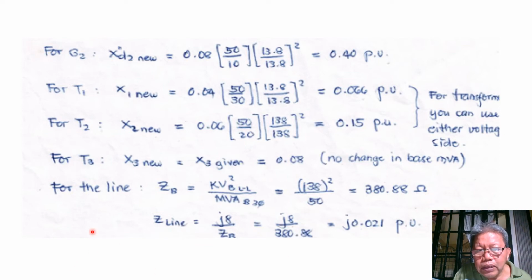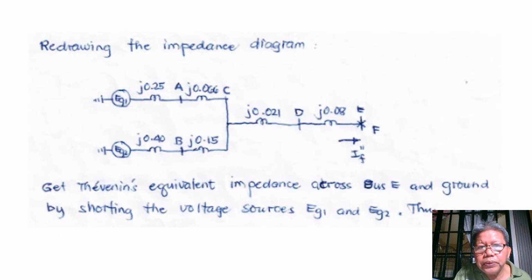Therefore, the impedance of the line in per unit would just be equal to the given j8 over Z base, which is j8 over 380.88, or this is equal to j0.021 per unit.